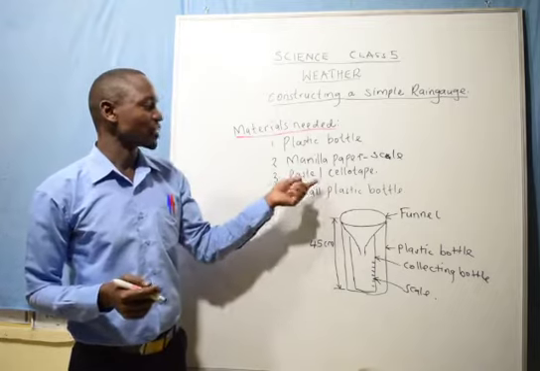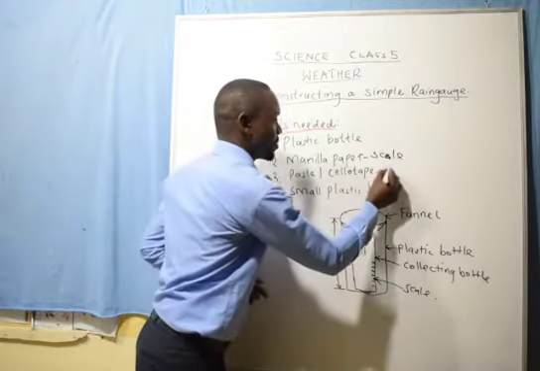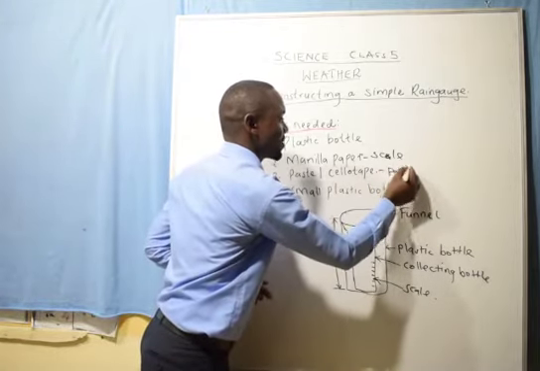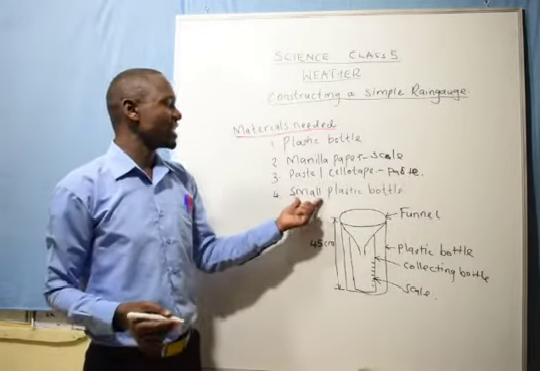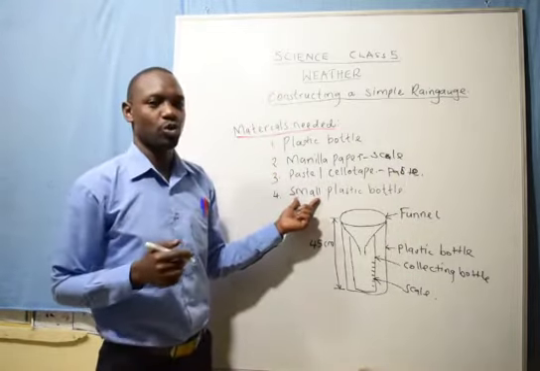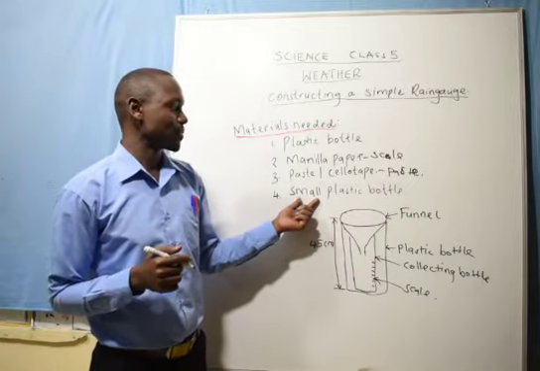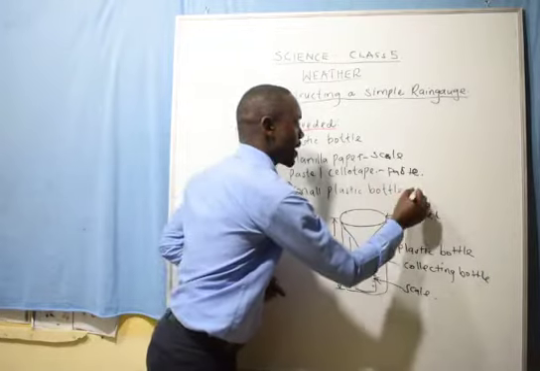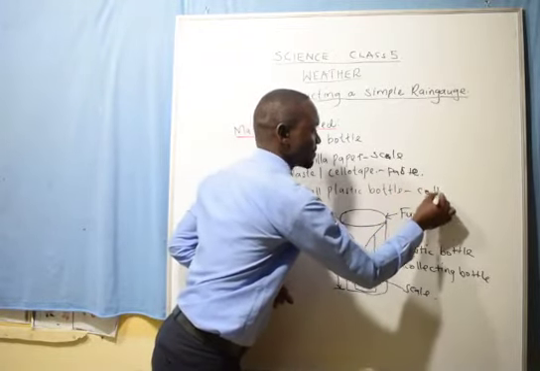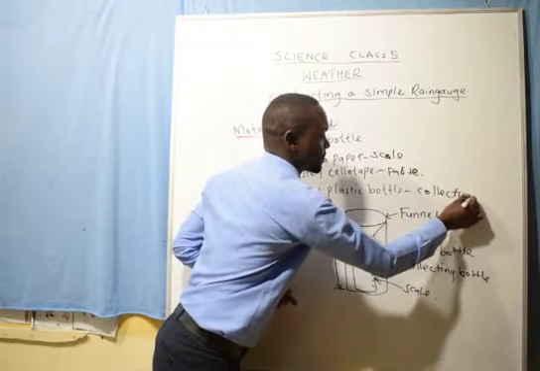The function of the sellotape is to paste the scale on the bottle. You also need a small plastic bottle. What is the purpose of the small plastic bottle? The purpose of the small plastic bottle is to make the collecting bottle.